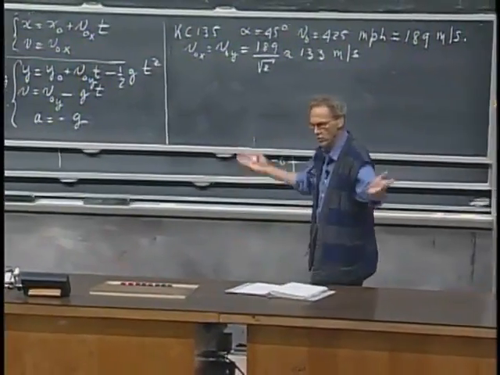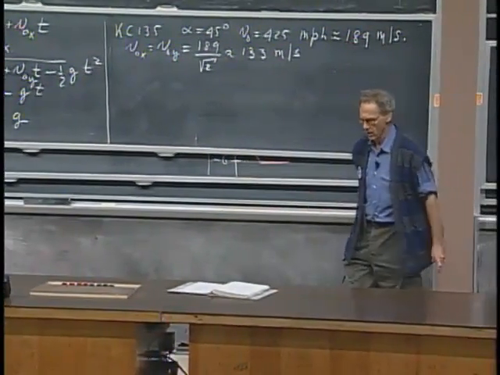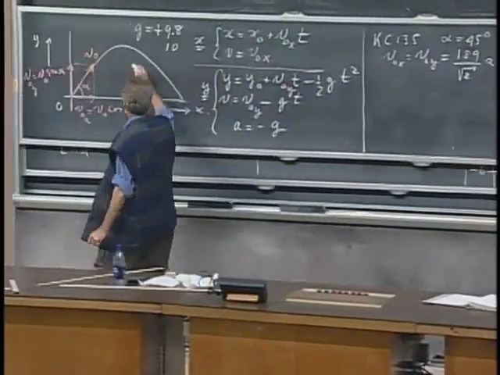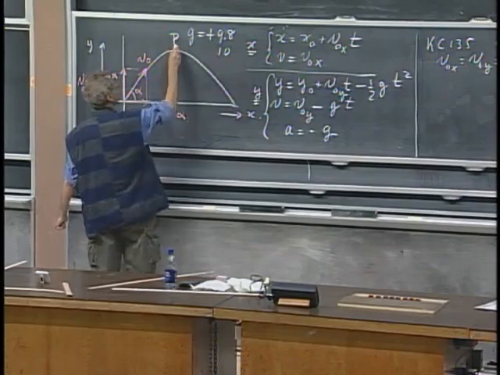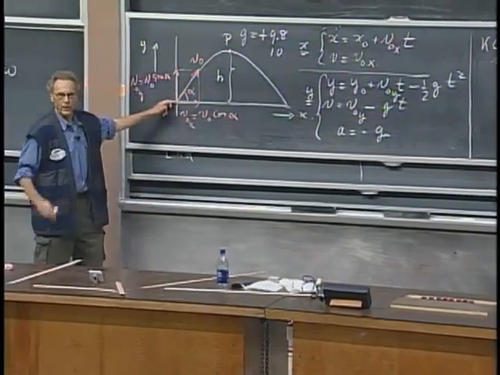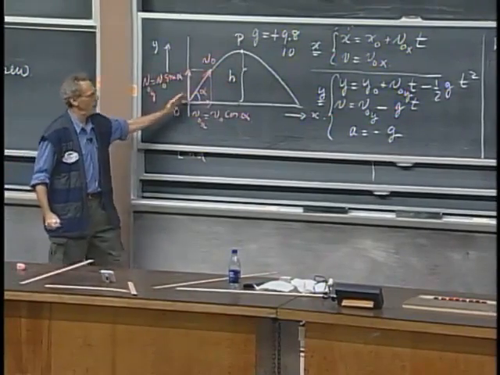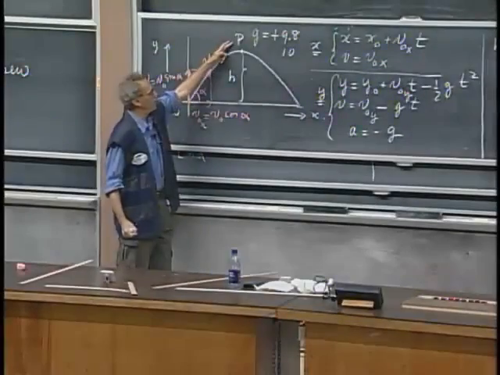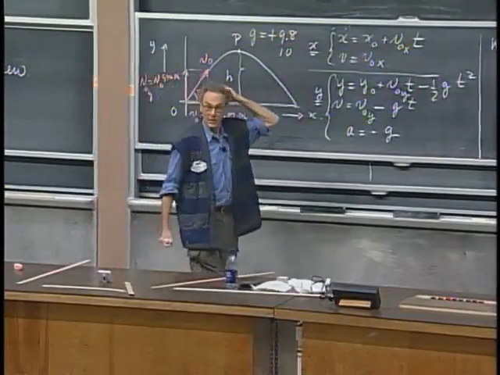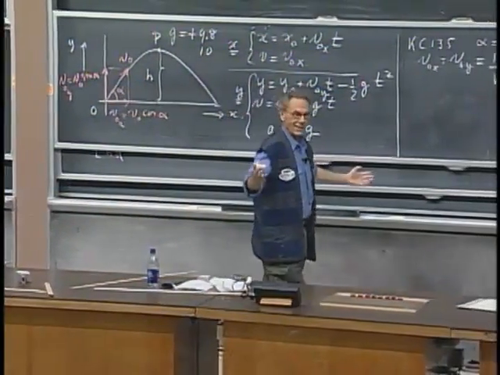And now comes the first question that I could ask you on an exam. When is the plane at its highest point of its trajectory, and how high is it above the point where it started when it turned the engines off, when it went into freefall? So when is it here, and what is this distance? Well, when is it there?